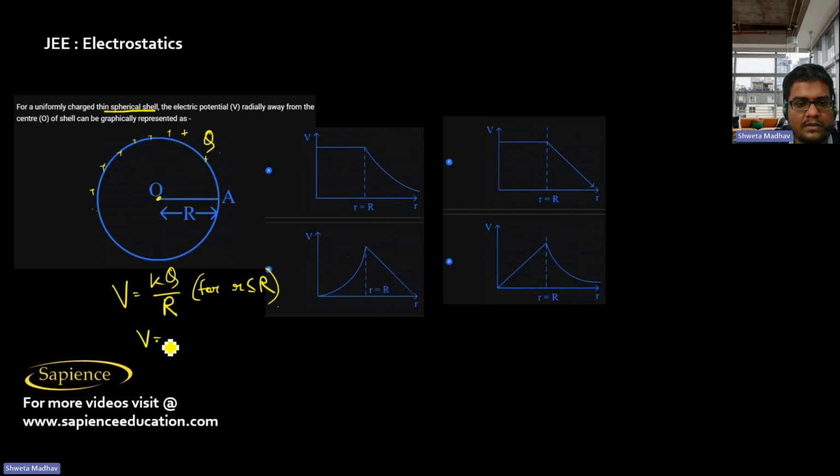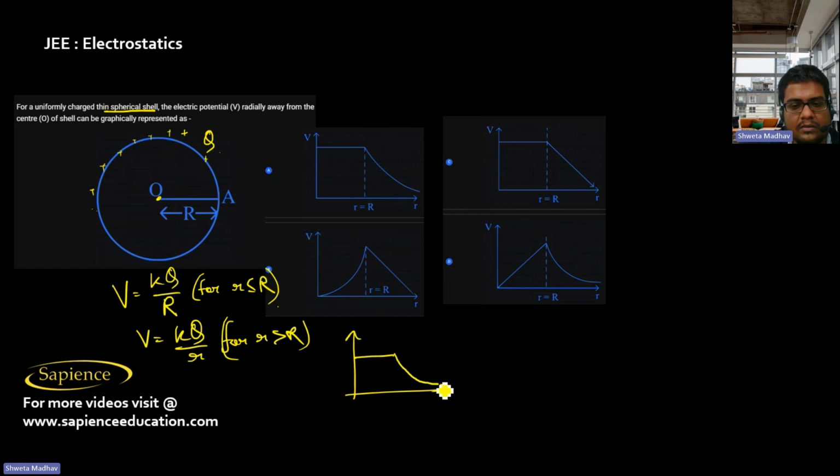And for outside the sphere, it will be KQ by r for r more than R. So for r less than or equal to R, V is constant, and then for r more than R it will decrease. V versus r. So therefore A is the correct answer.